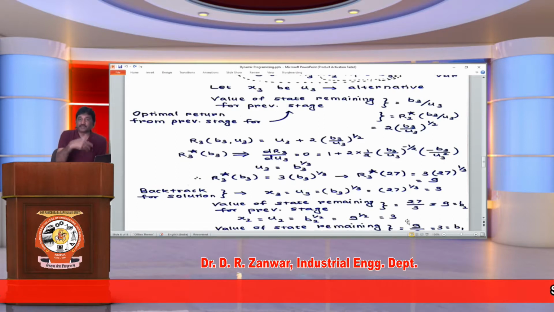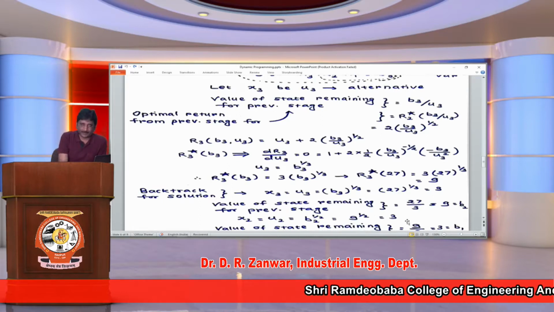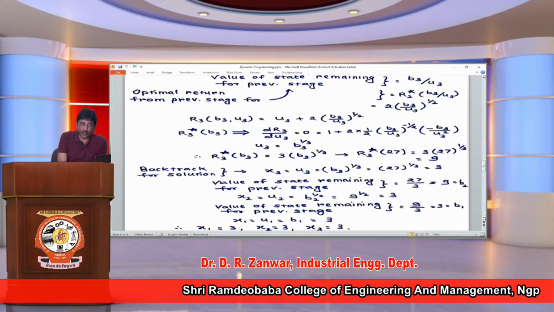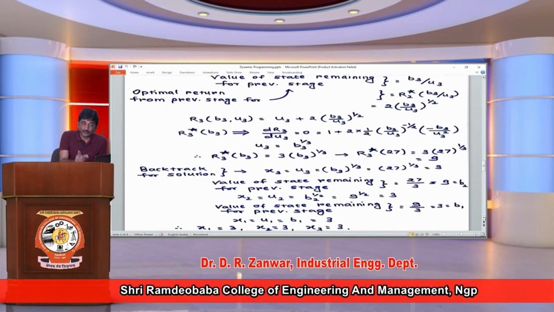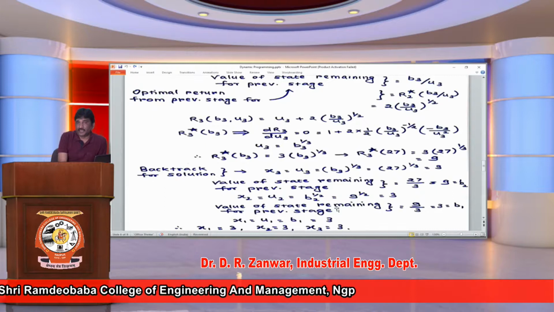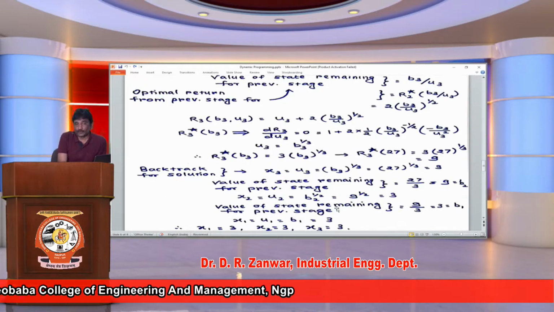This process is backtracking. From every previous stage we get the value of the variable of importance to that stage. Now x1 is equal to u1. The value of the state remaining for the previous stage was b2 by u2.